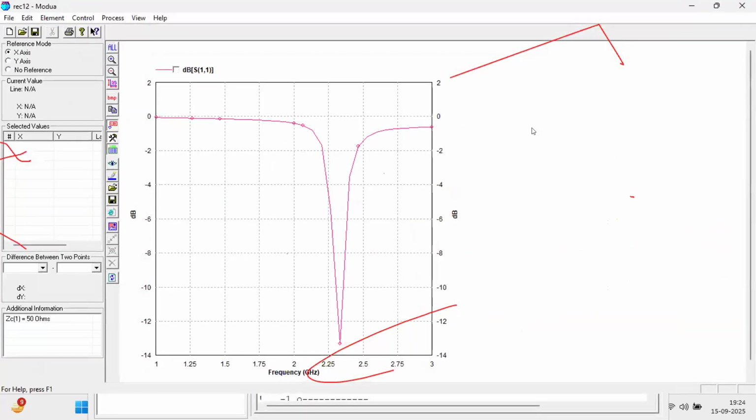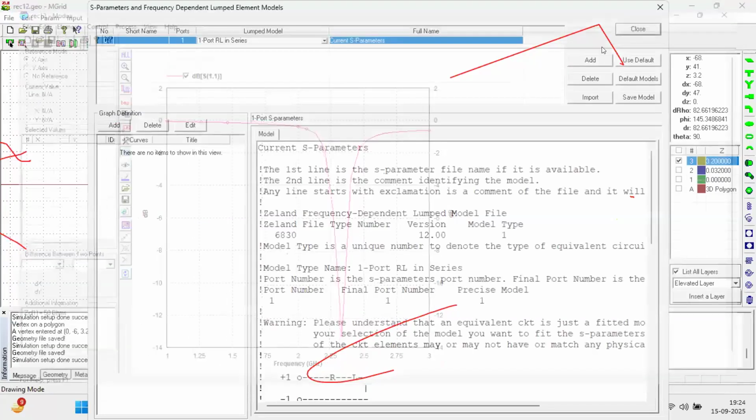Could you recollect at what frequency the previous antenna is operating? Can you tell me the frequency of operation of the previous antenna? 1.25, sir. The previous one is 1.25. Now it is 2.33.